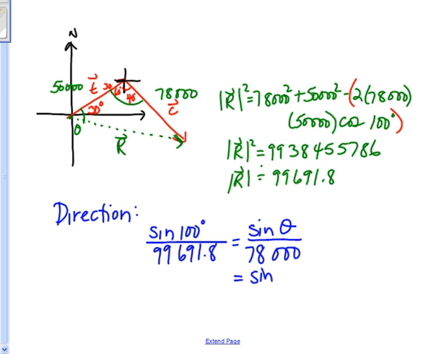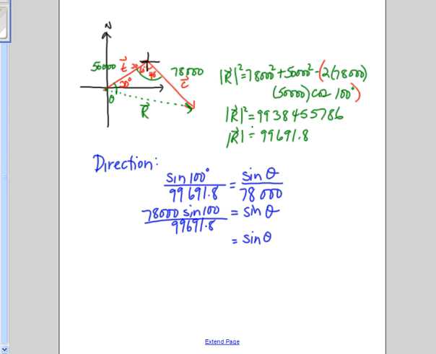Multiply both sides by 78,000 times sine of 100 divided by 99,691.8.